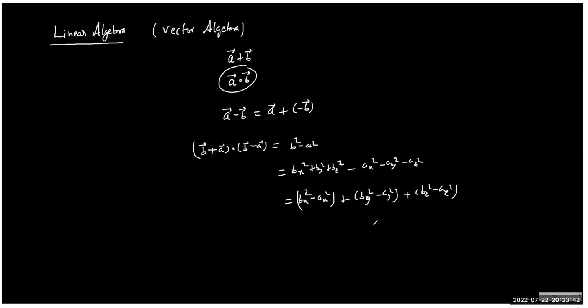So a plus b into a minus b is not a square minus b square. It's a triplet of that. Because b is a bracket. Inside the b bracket, we have three components. Inside the a, we have three components, which you don't see.